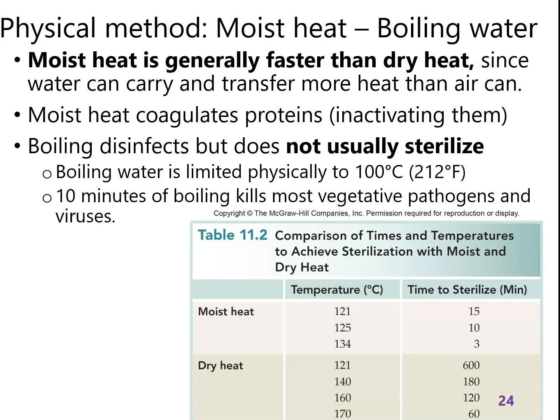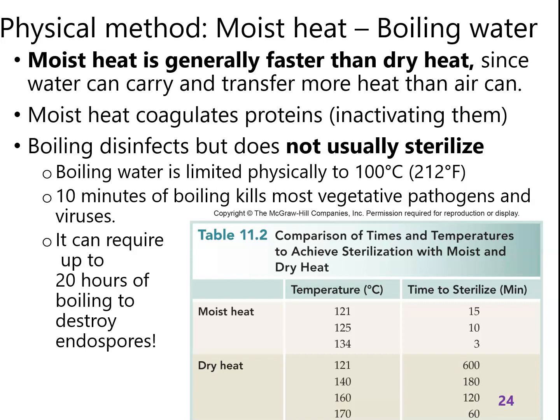Well, you'll kill the vegetative cells in a few minutes of boiling. You'll kill the growing cells, but it might take many hours of boiling to inactivate endospores. And that's why we wouldn't use boiling water to inactivate endospores. It's just too slow.